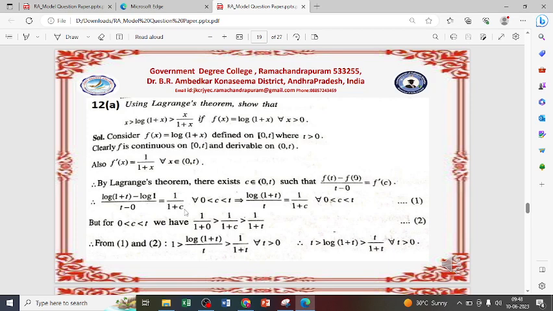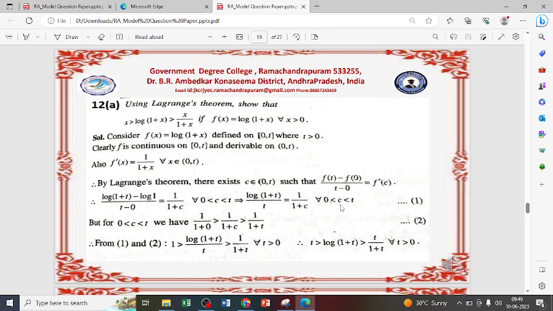So this is true for all c lying in the open interval (0, t). So where is c? It lies between 0 and t. Log 1 is 0, so this becomes log(1 + t)/t = 1/(1 + c) for all c lying between 0 and t.